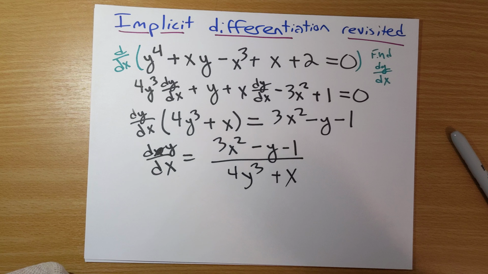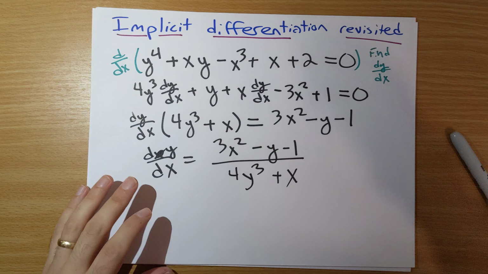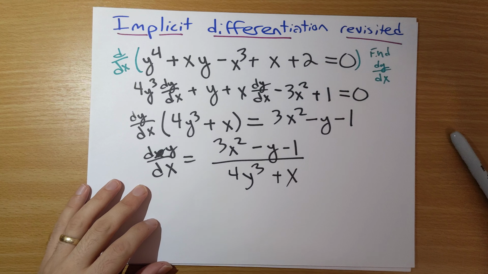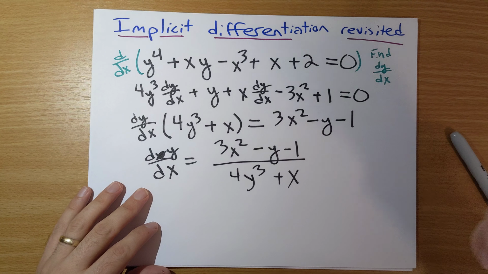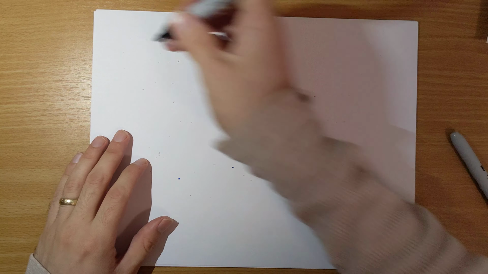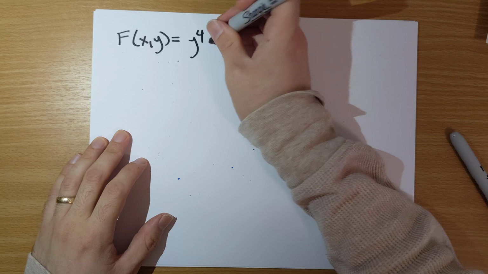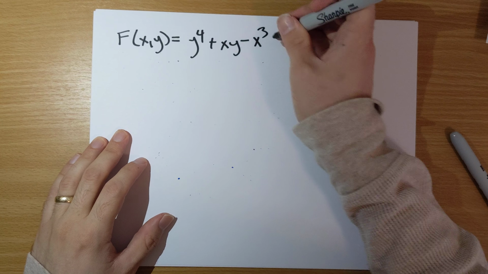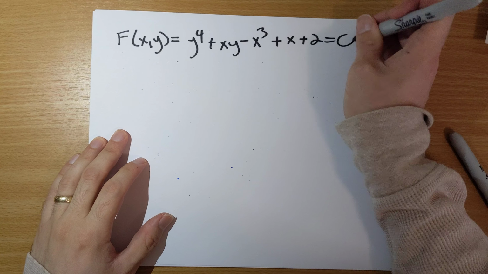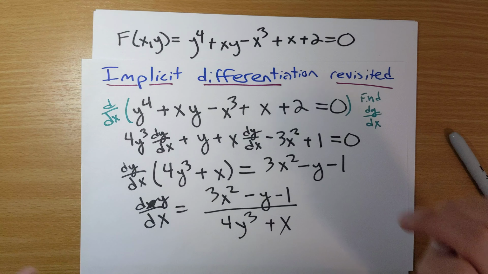But let's take a moment to appreciate this a little bit more. Now that we're in chapter 14 of the textbook, and we have the language of functions of more than one variable, I want to suppose that f of x y is y to the fourth plus x y. This is the left side of the previous equation, so our equation is really f of x y is equal to 0.